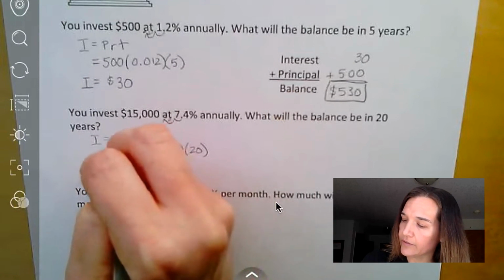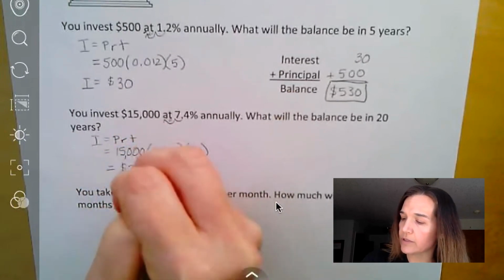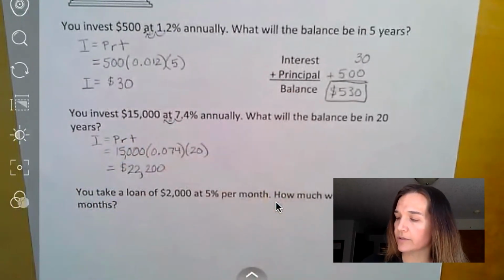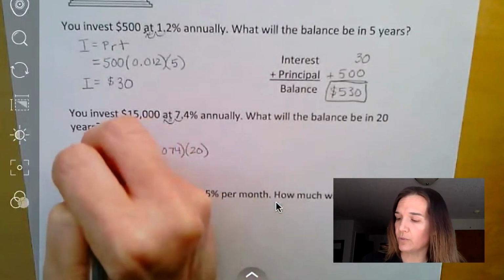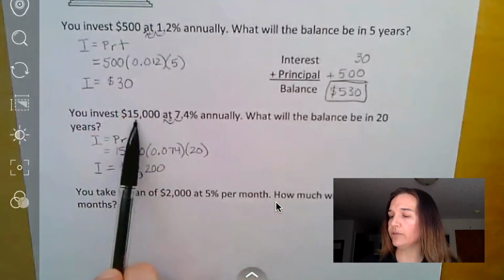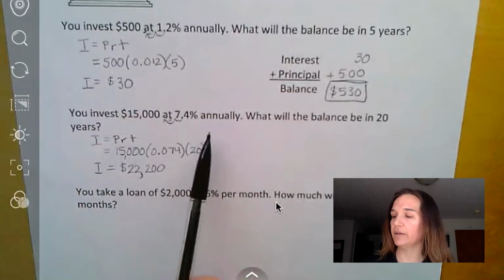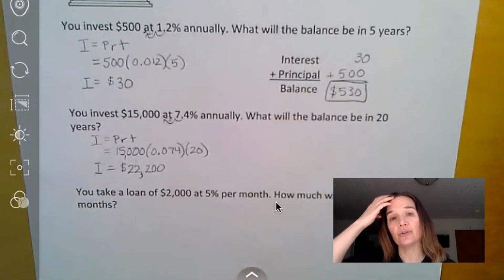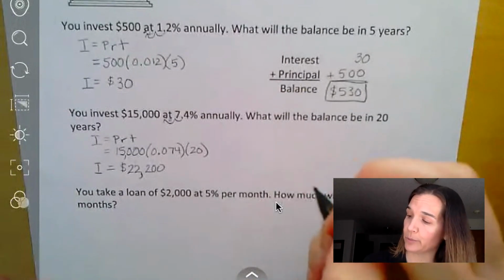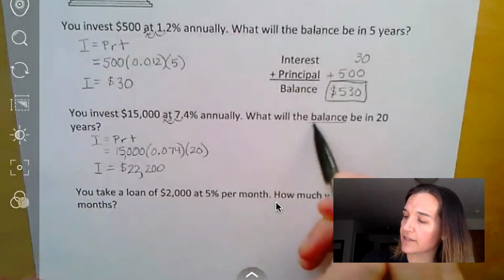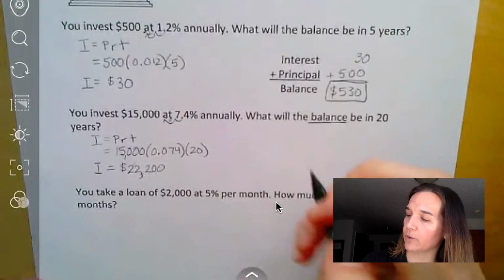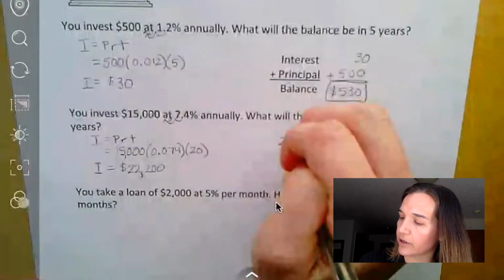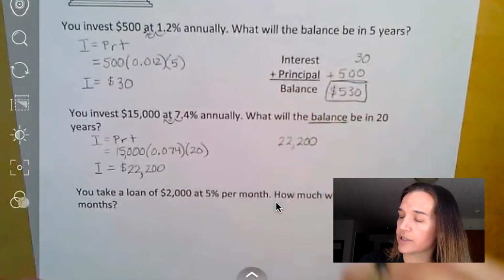Calculator again gives us $22,200 as our interest. Woohoo! Look at that. We put only $15,000 in, but at this percent and that many years, we made an additional $22,200. That's pretty good. The question here does ask, what is the balance? So again, we're going to add up the interest that we made.